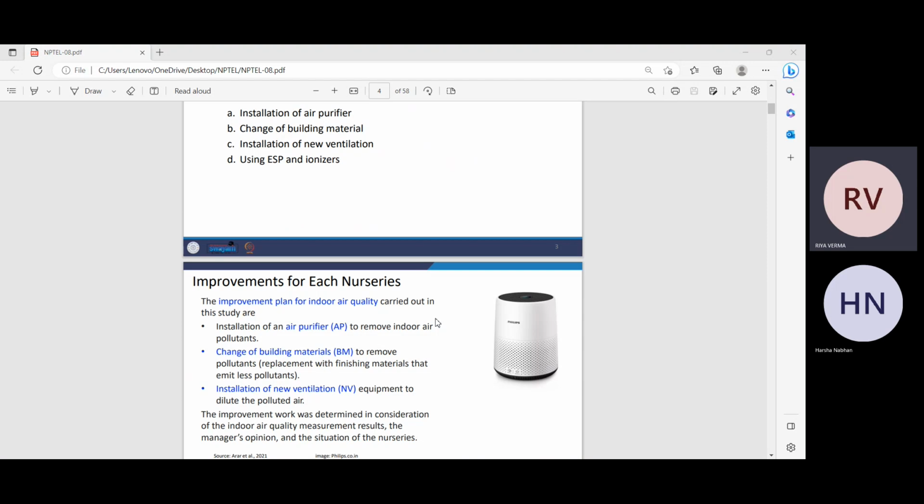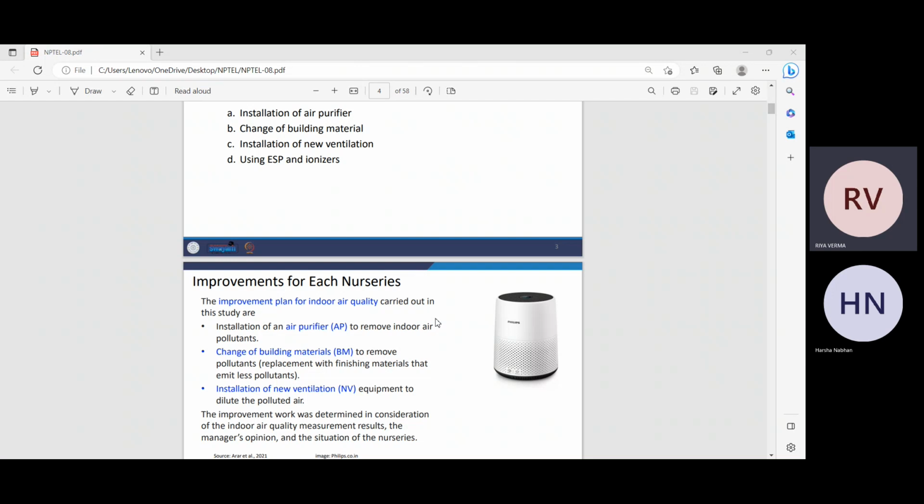First one was to install an air purifier that would remove the indoor air pollutants. Next, in some classes they changed the building materials or the furnishing materials, so that could have removed the source of pollutants.